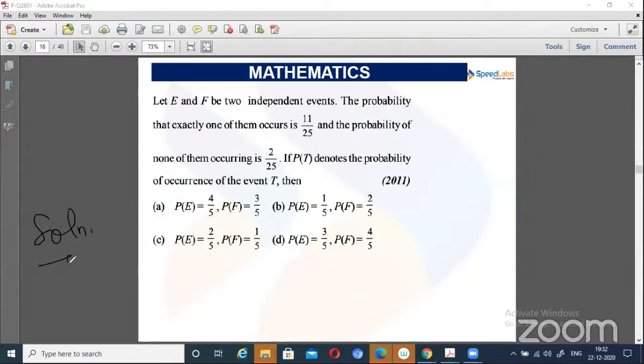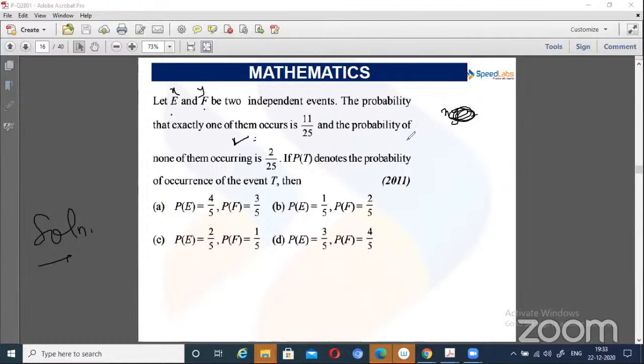E and F are two independent events. The probability that exactly one of them occurs is 11 by 25, and the probability that none of them occurs is 2 by 25. Again, we have done this kind of problems. इसका probability x, इसका probability y. Exactly one of them occurs means if E occurs, F does not occur.